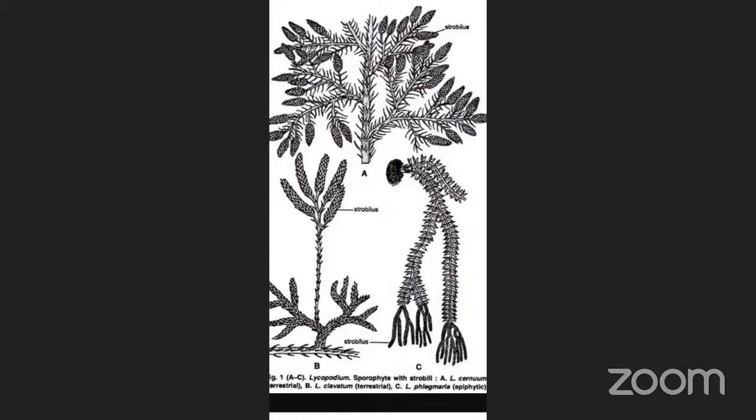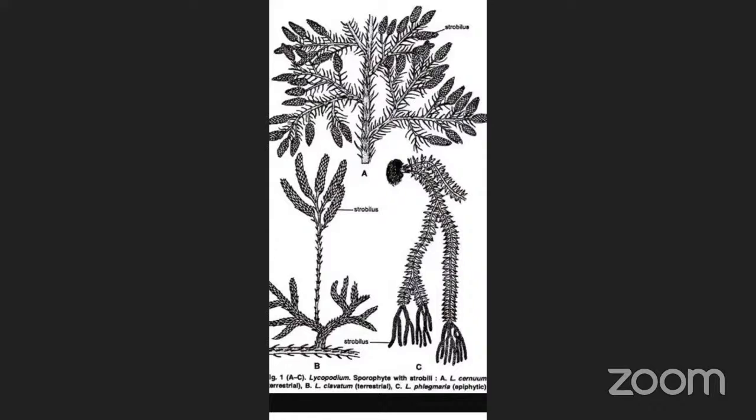The first formed root is a short-lived structure. An adventitious root system is present. The roots are also dichotomously branched. The leaves of Lycopodium are small, simple microphylls. The leaf gaps are not formed.